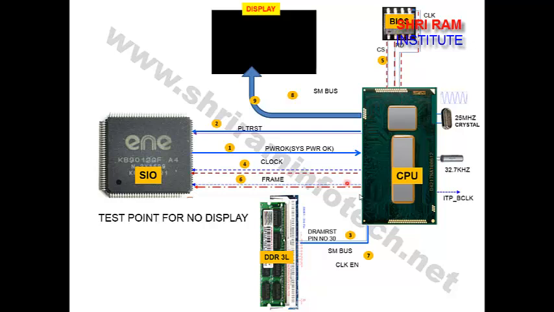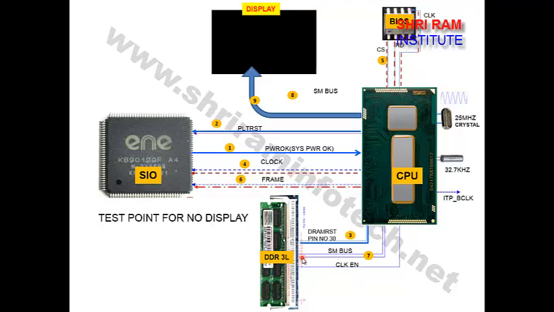Now if the frame signals are coming okay, then you have to check the next signal, called SMBus. This SMBus is a two-wire communication protocol between the CPU and the RAM.